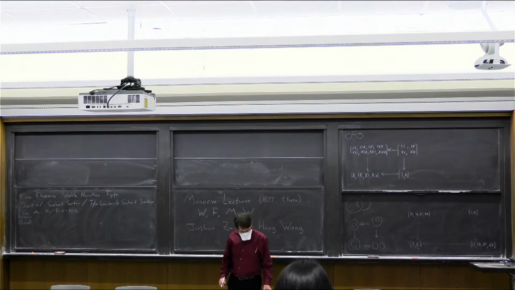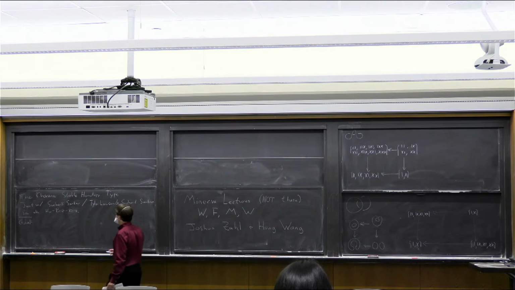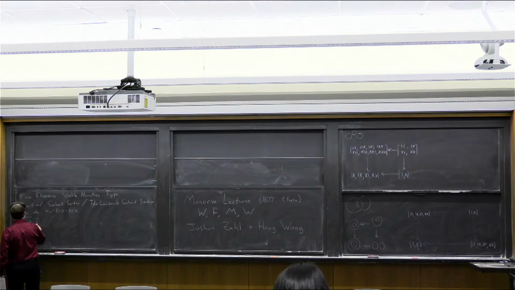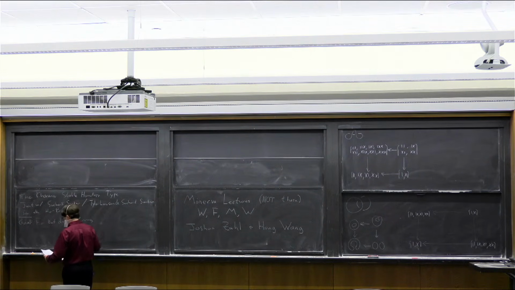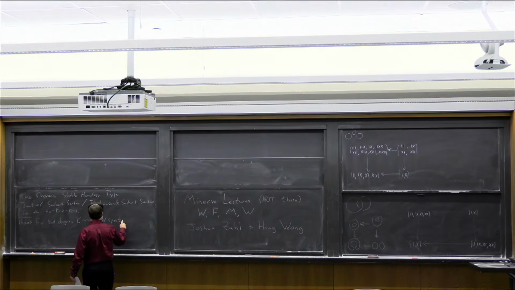Great. So what are we going to do? The goal is, for each knot diagram K, I'm going to build a CW spectrum. Okay, I'll come back to what that means in a moment.